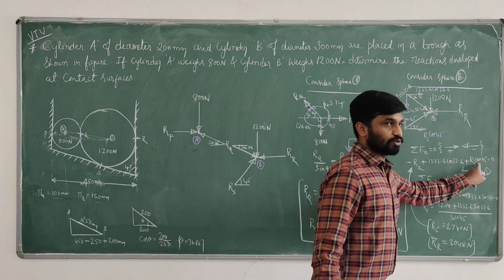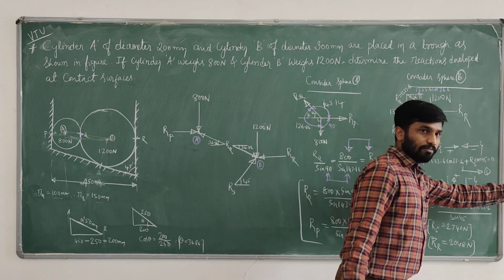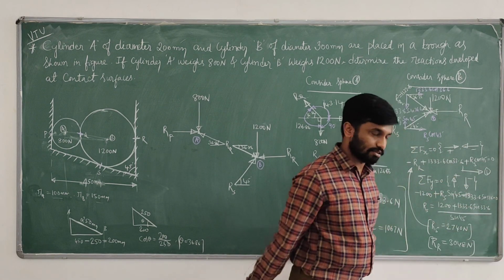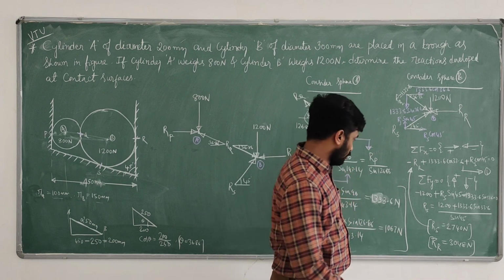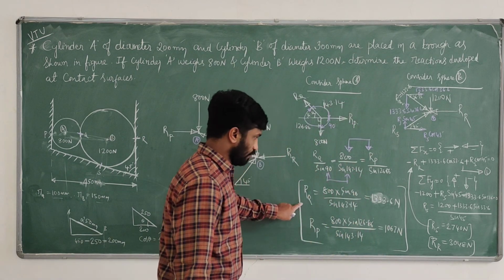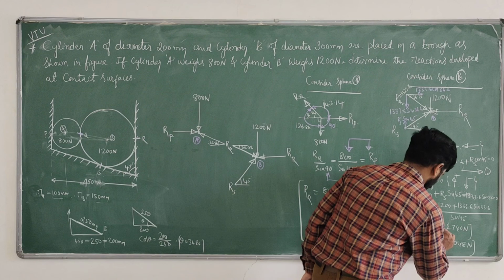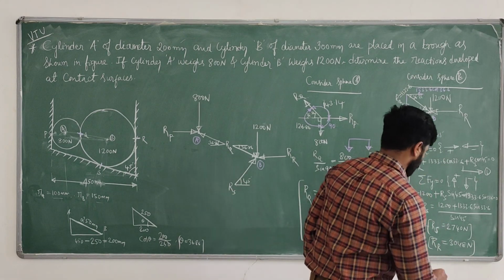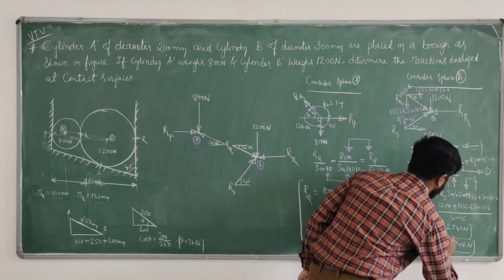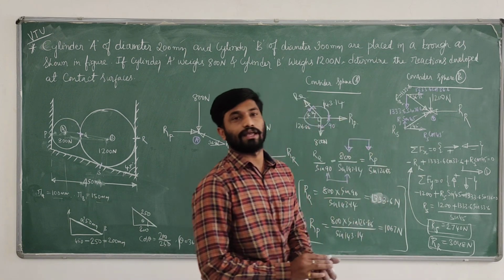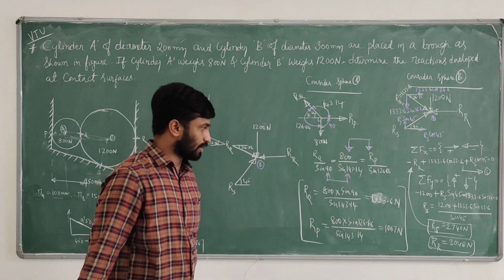You just add these two, because if you take it on that side the minus signs cancel, so it is also a positive value. So this is the problem regarding computation of reactions RP, RQ, RR and RS.